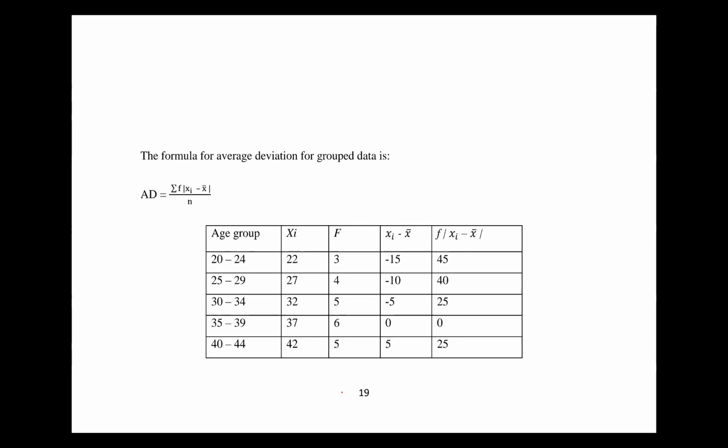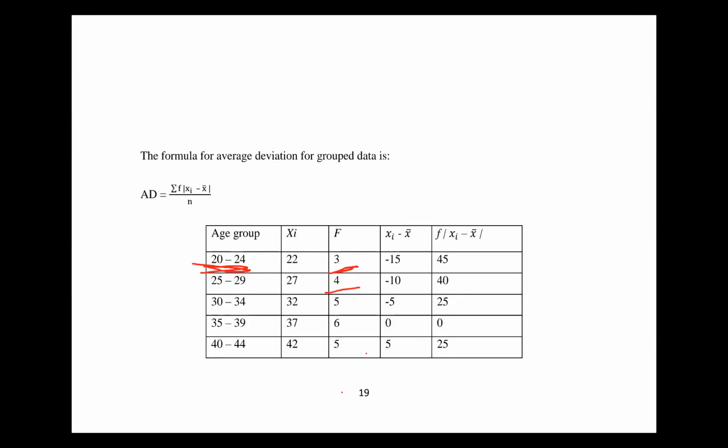Okay. Then the frequencies are always given like that. In this case, how many people were aged between 20 and 24? They were just 3 people, according to this survey. Then the people that were between 25 and 29 were just 4.